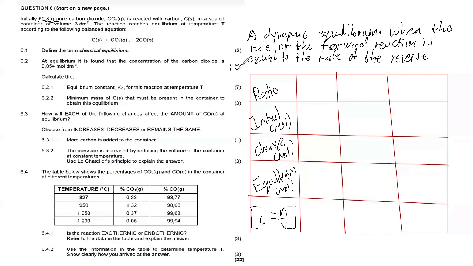Right, and that's our definition. So a dynamic equilibrium when the rate of the forward reaction is equal to the rate of the reverse reaction is called chemical equilibrium.